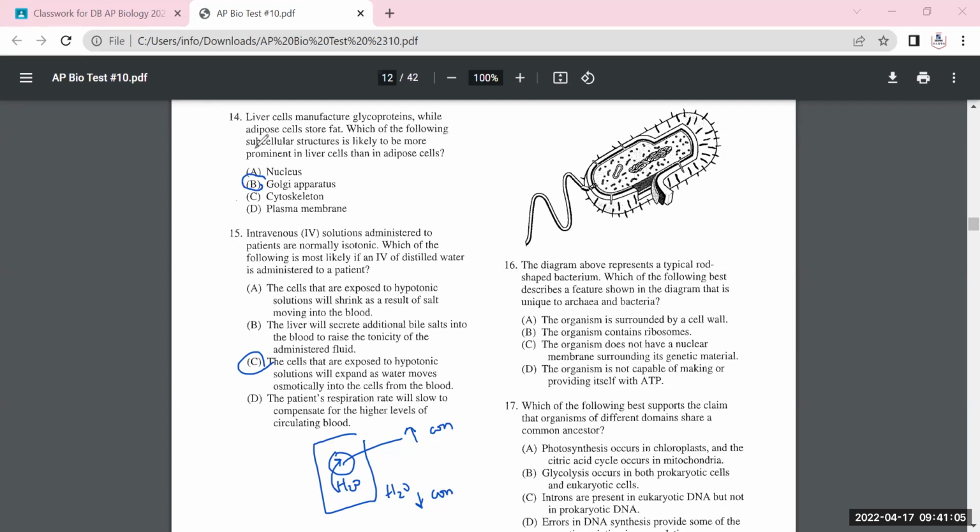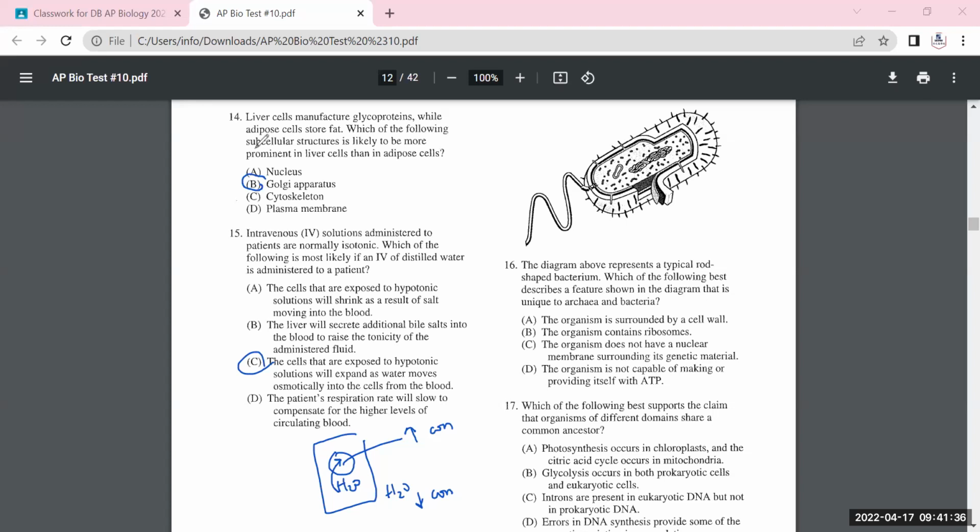Organism is surrounded by cell wall. Yes, true. Contains ribosomes. Again, true, but it has nothing to do with representing either archaea or bacteria. Organism does not have a nuclear membrane surrounding its genetic material. Yes, that is also true. We have naked DNA, or we have no nucleus. Organism is not capable of making or providing itself with ATP.